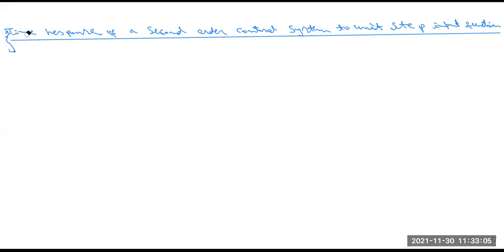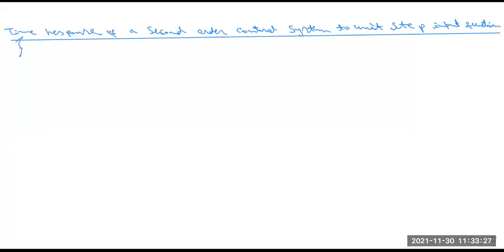So just written in that, what is basically the transfer function of the second order control system. Now my screen is visible. Yes, sir.